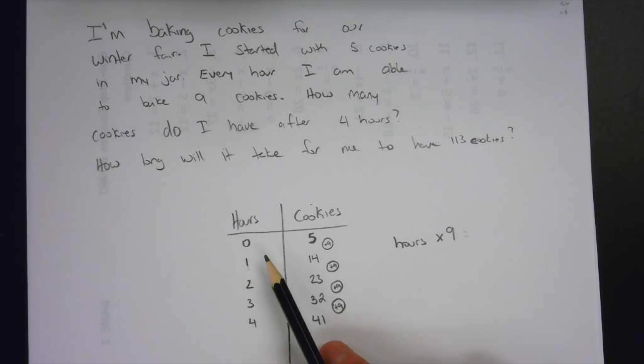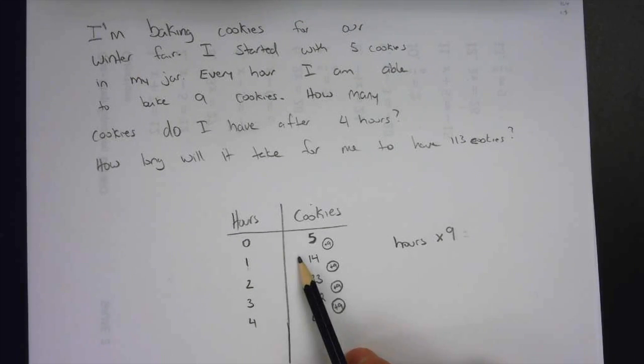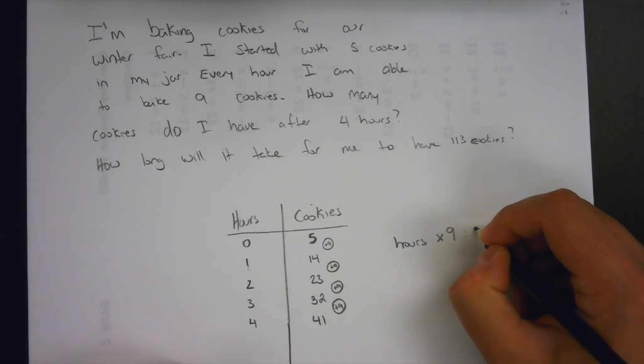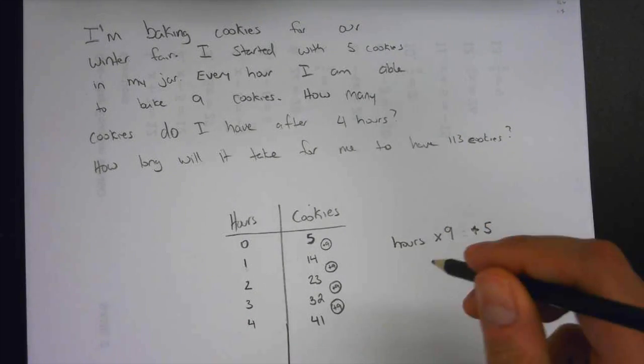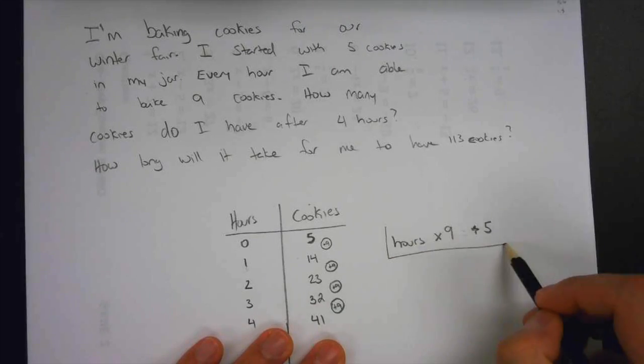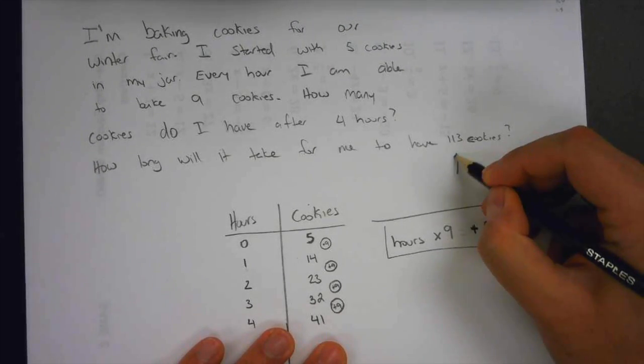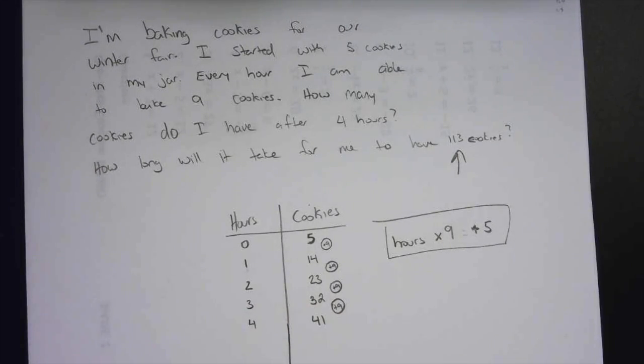How do we get from 9 to 14? You add 5. So there is our equation. So we can use this information right here to solve for this one without making a T chart.